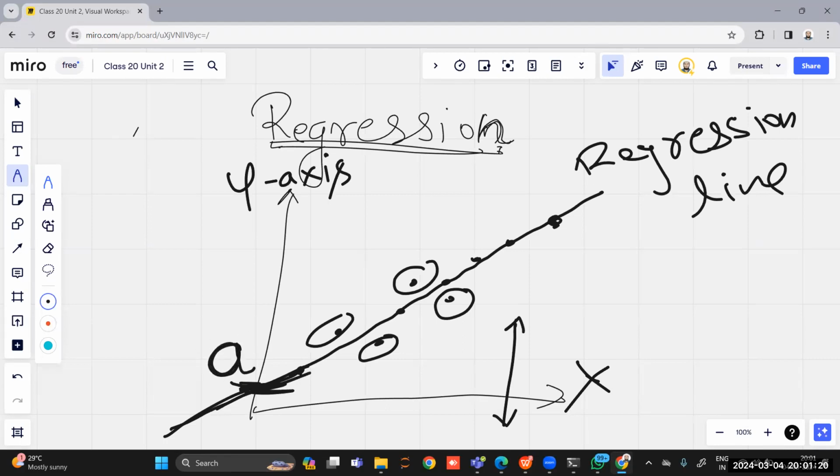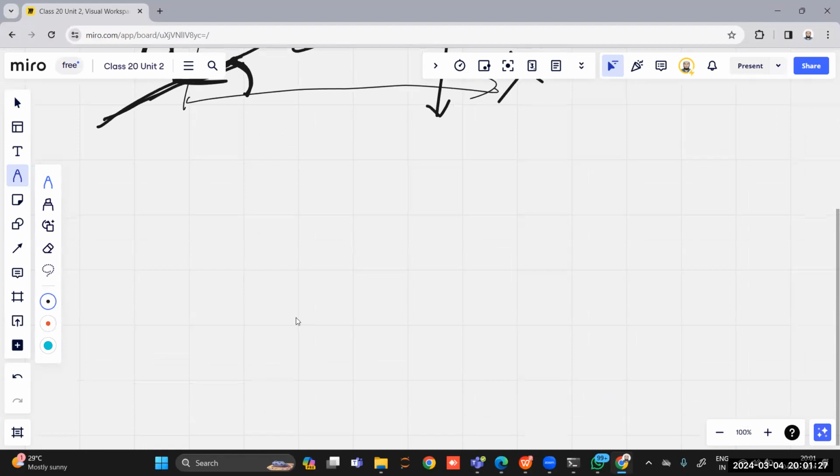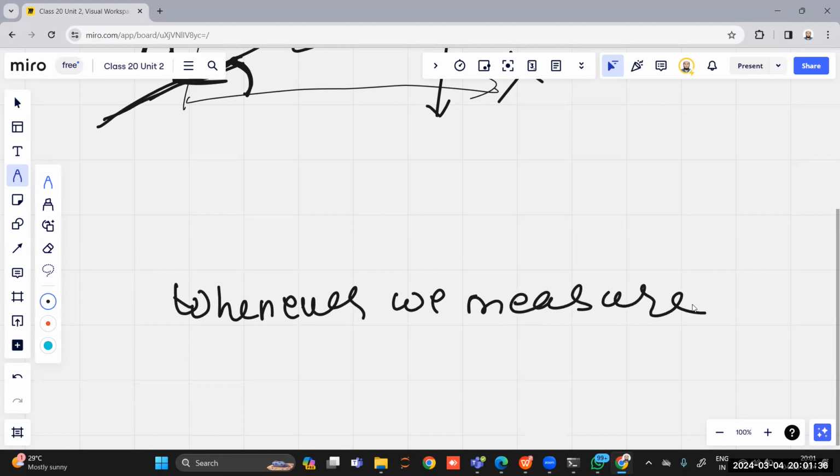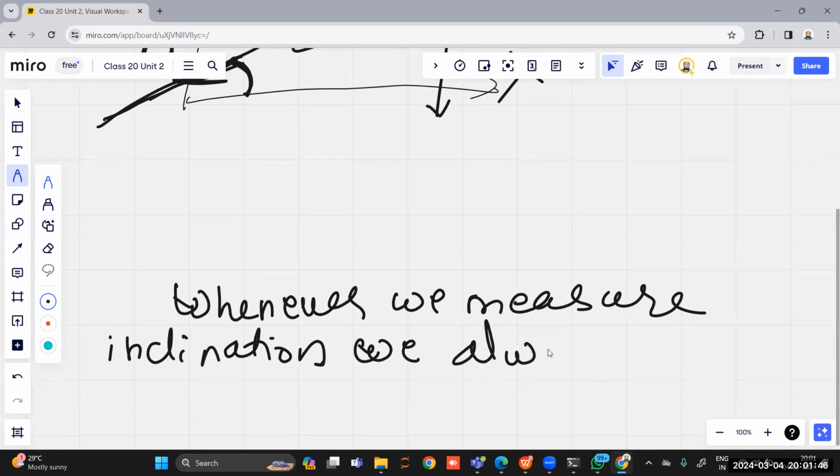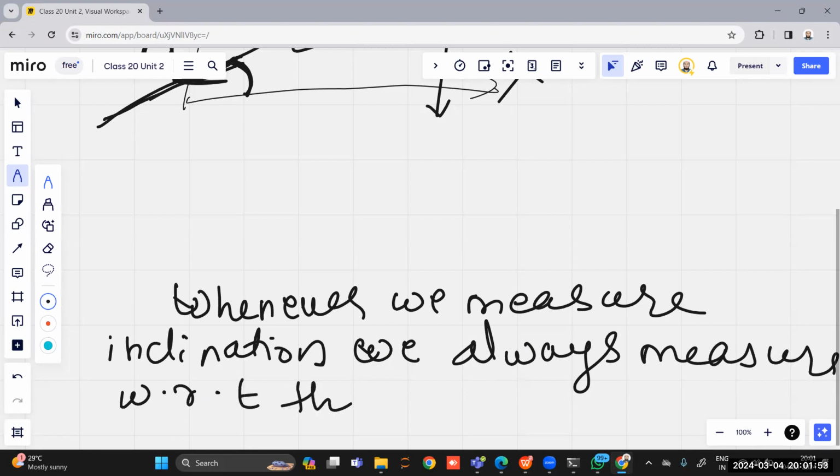We name this point as A, and the line has some inclination with the x-axis, which I'll explain here. Whenever we measure inclination, we always measure it with respect to the horizontal axis.